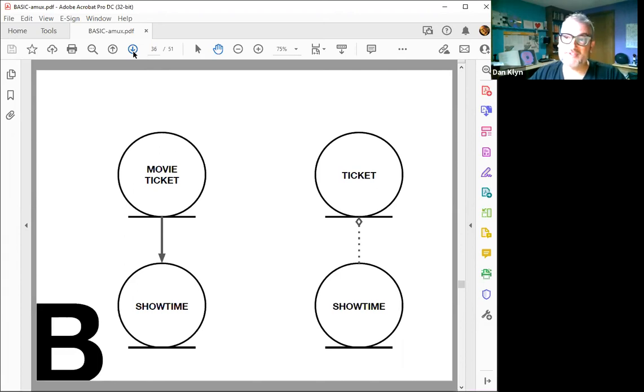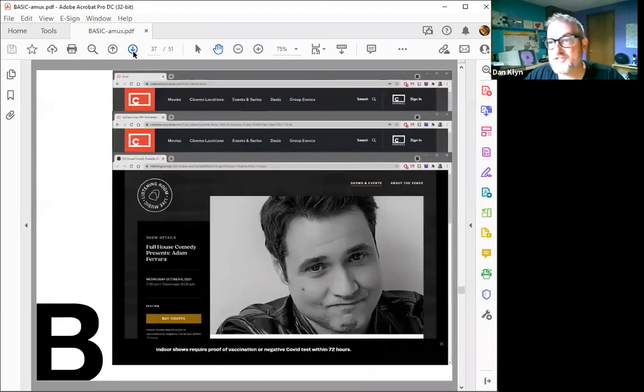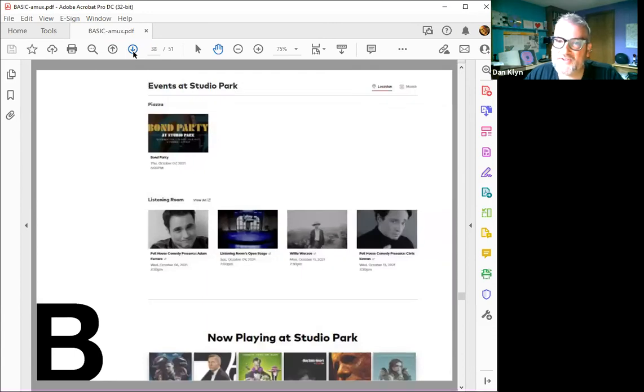This allowed them to realize a business strategy of expanding into an in-person event venue where they have comedians and music. They have a place in downtown Grand Rapids called Studio Park, where there is a movie theater venue and this live venue.